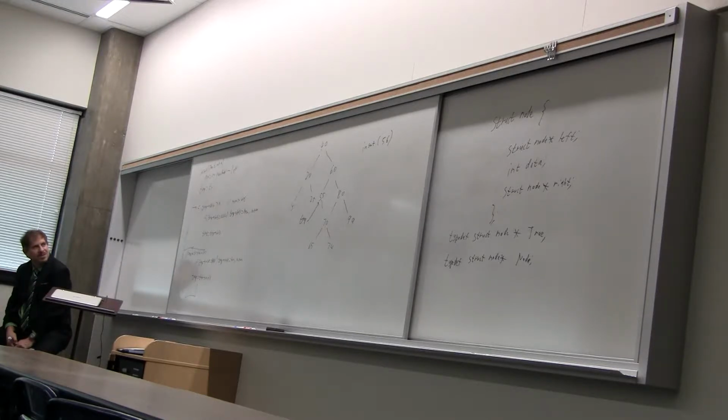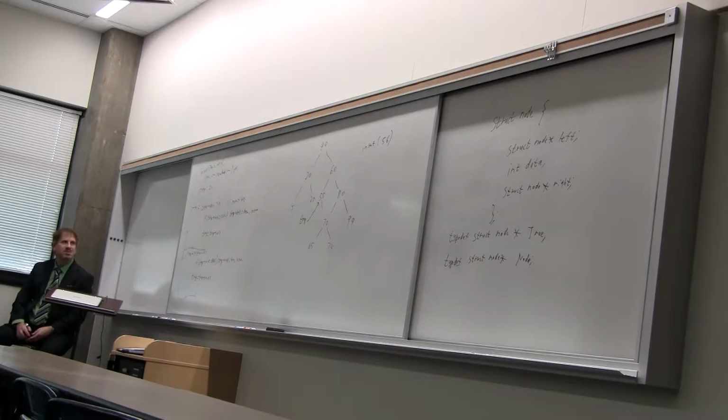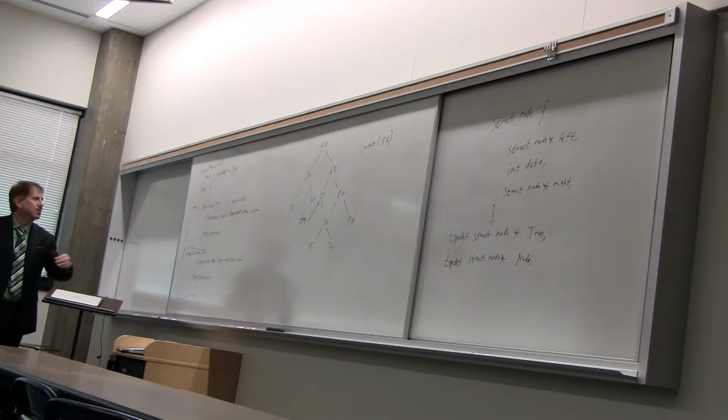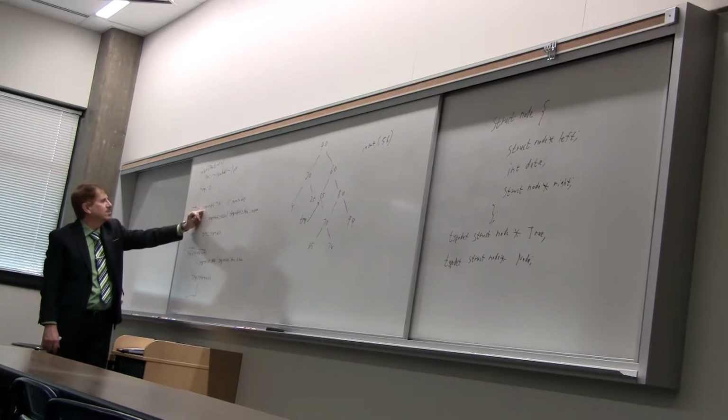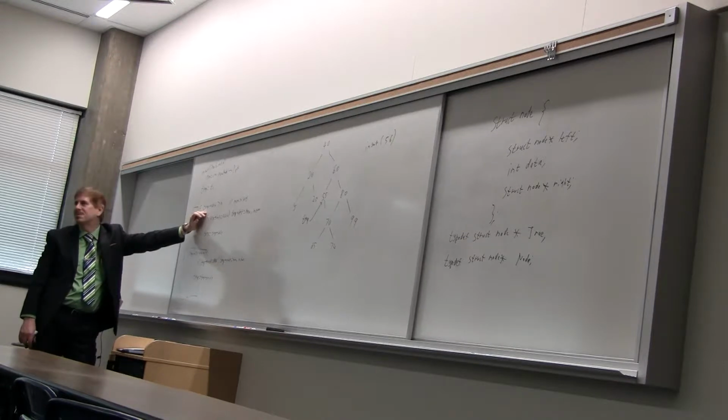We gotta be a little cautious with the return value from this insert function. Because what happens when we start off and t is null? We have no nodes, and we say insert some number into this empty tree. We're going to create a new node containing our first piece of data.